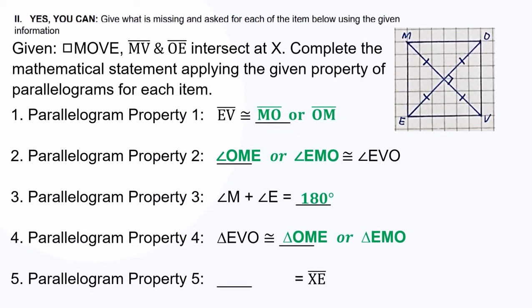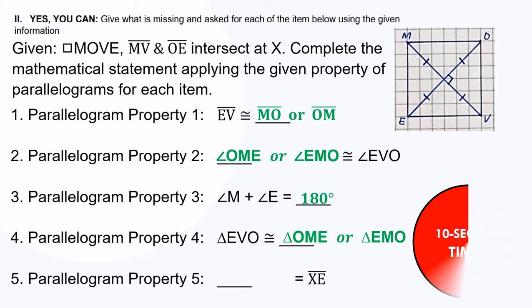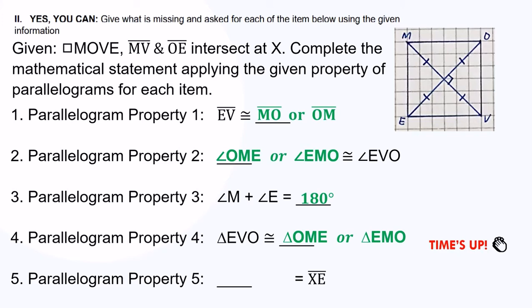Number 5. Parallelogram property 5. Blank is equal to line segment XE. Your 10-second timer starts now. Correct answer, line segment XO or line segment OX.